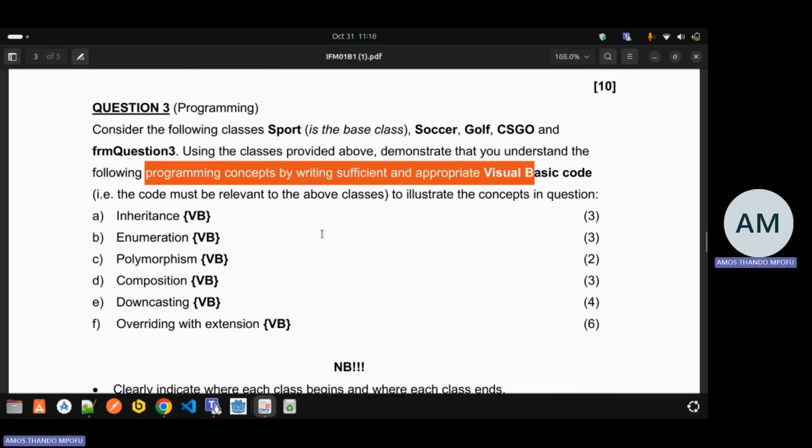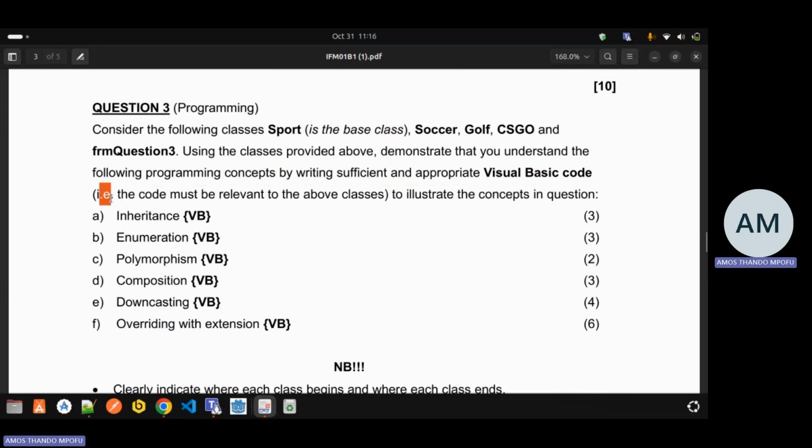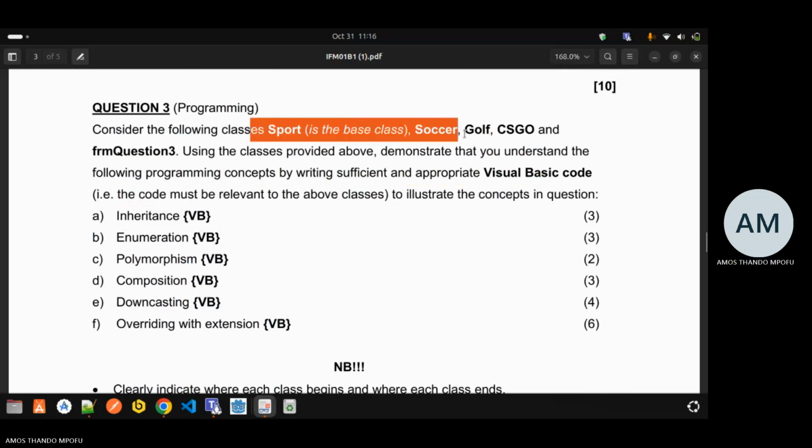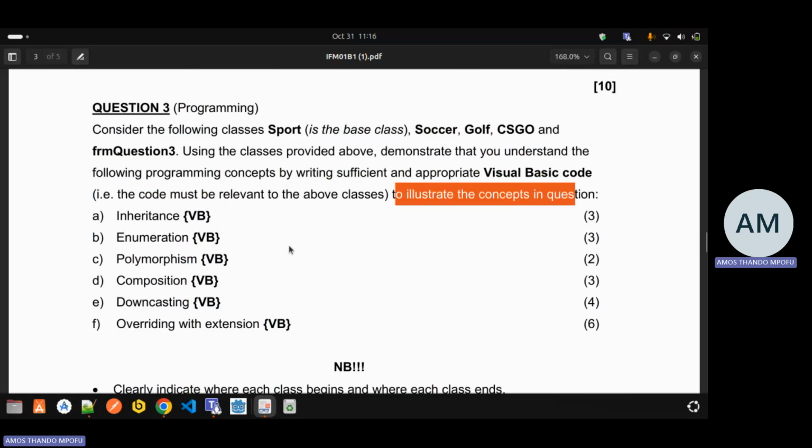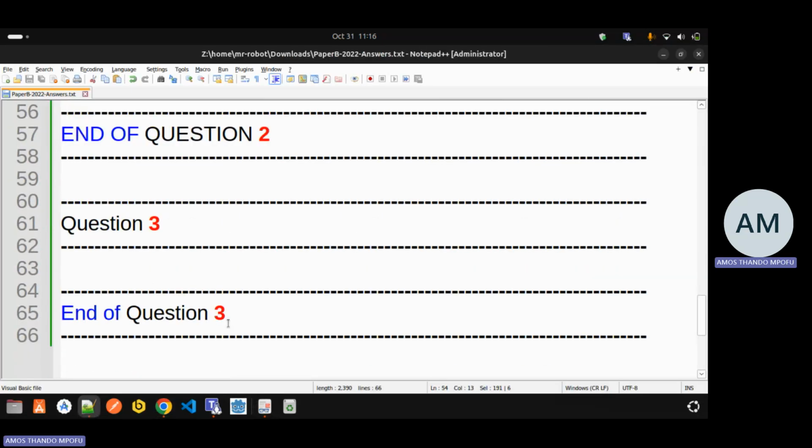We're now on the physical code. The code must be relevant to the above classes, so it must make use of these classes to illustrate the concepts described below.